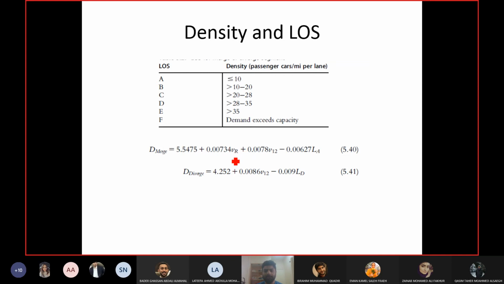Just to go through them, VR means what? What is VR? The flow rate of the ramp. And V12? V12 is the flow rate of the adjacent lanes, two adjacent lanes. LA is? What is LA?